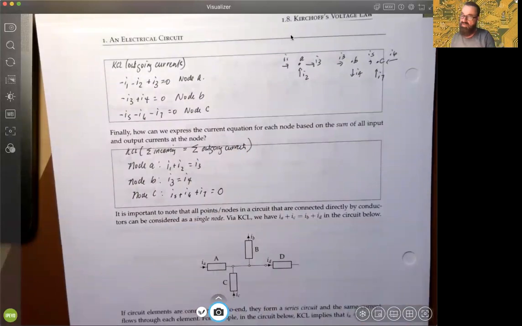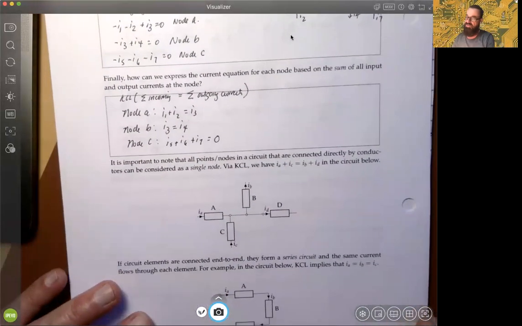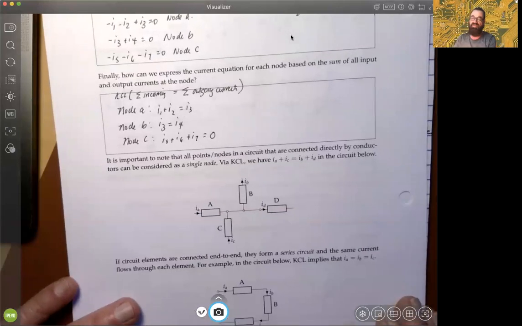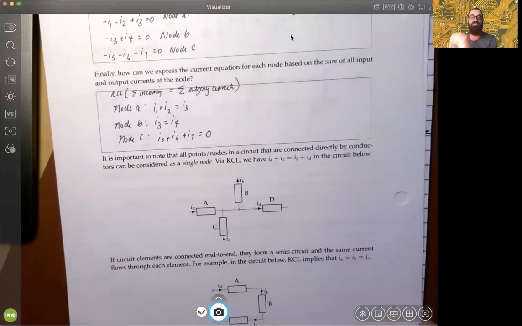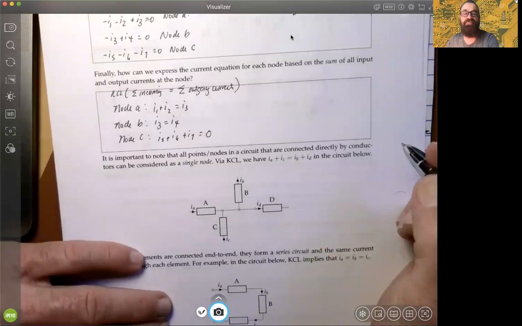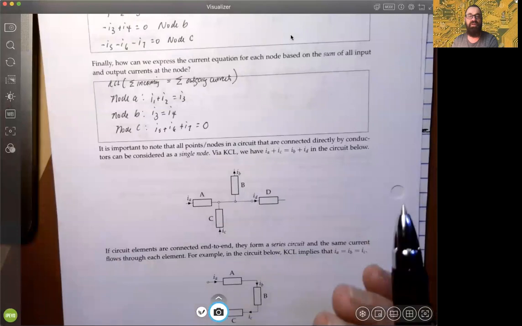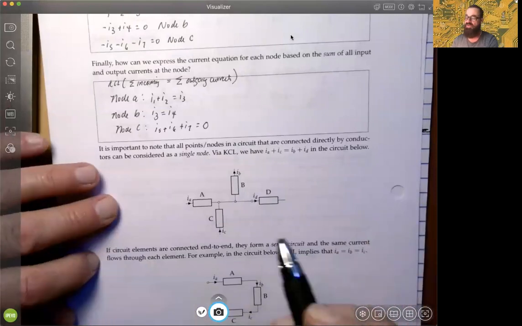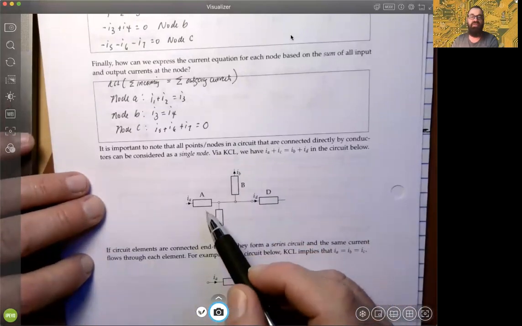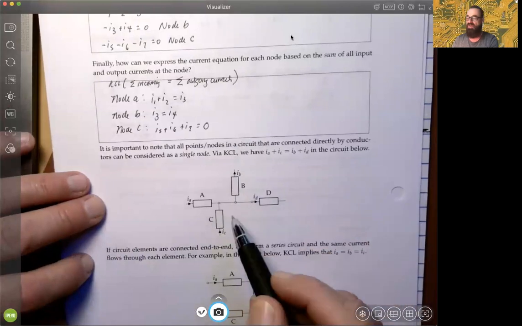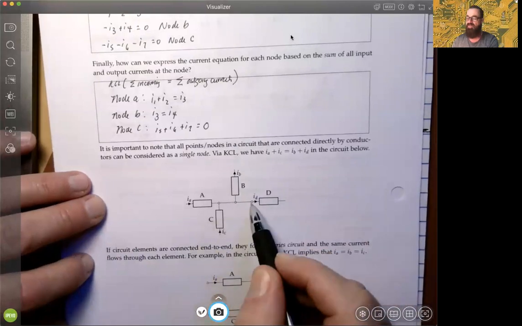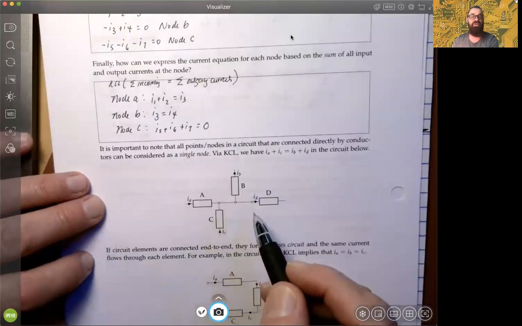Okay, so it is important to note that all nodes in a circuit that are connected directly by conductors are a single node. This can be a source of contention sometimes. We have to be careful. So we're going to look at this example as a prime illustration of what to be careful about, all right? When you look at the connections here between these four elements, because of the way those little circles are drawn on this straight line, one might think that you have three nodes.